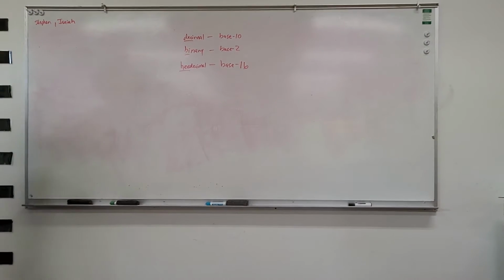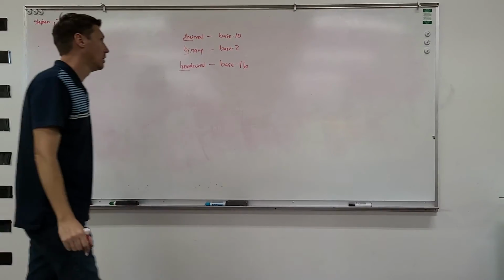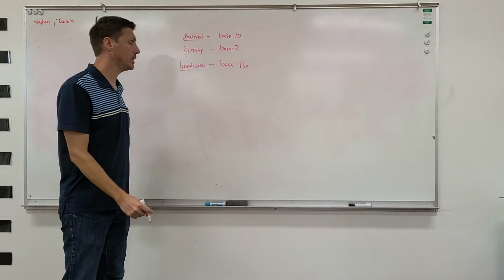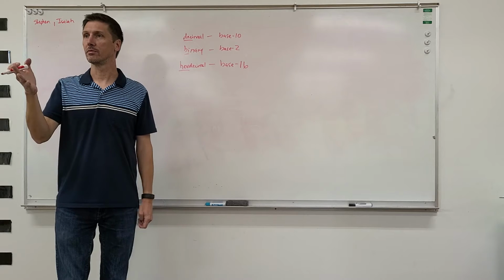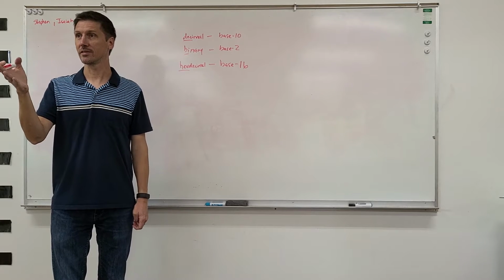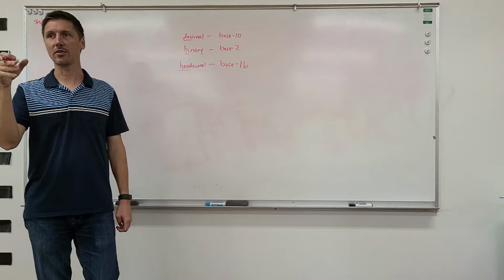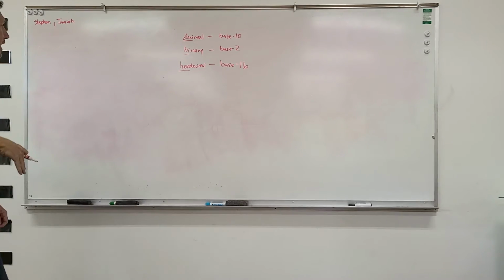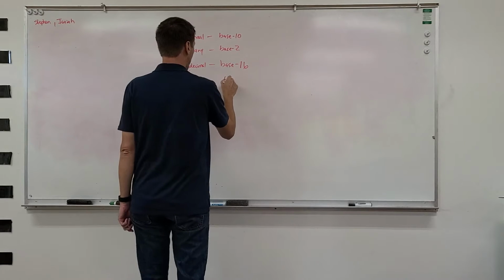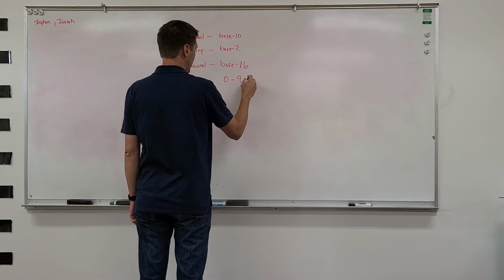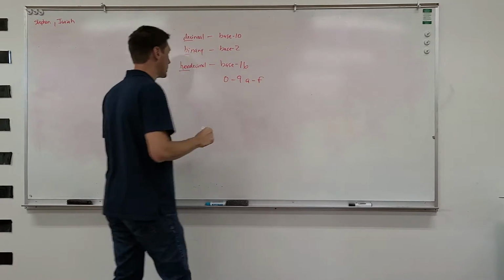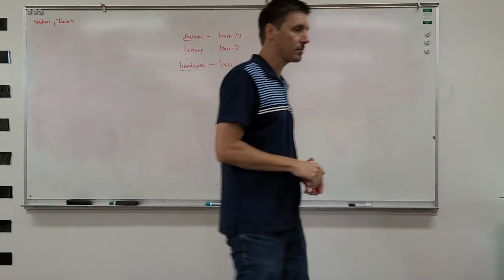How do they account for the additional 6 numbers that we need? Well, they start with the alphabet. I think they add letters. They add letters. That's exactly right. So A through F is what we add on to get to 16. It basically goes 0 through 9, and then after 9, you go A through F, right? That's how you do hexadecimal numbers.